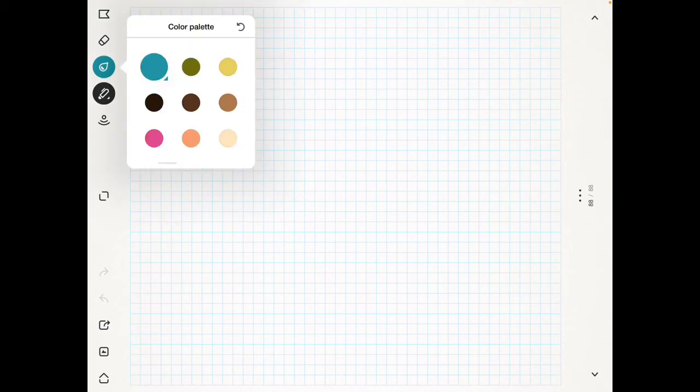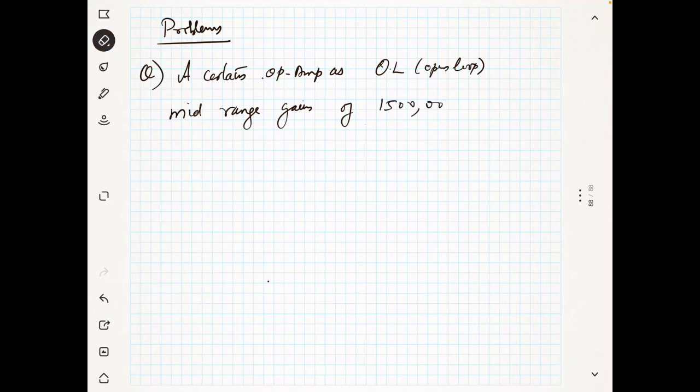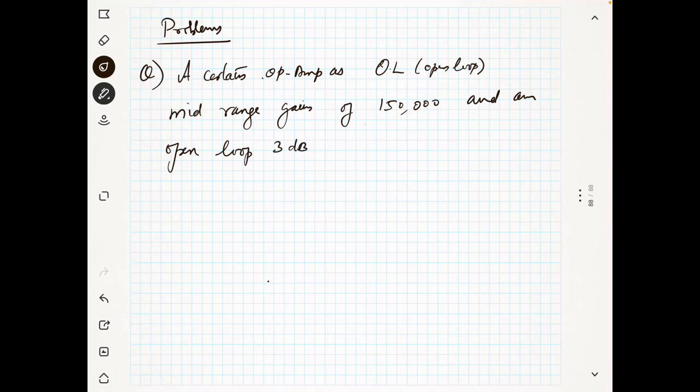Problems. You have a certain op-amp that has an open loop mid-range gain of 150,000, and an open loop 3 dB bandwidth of 200 hertz. 3 dB is the critical point.